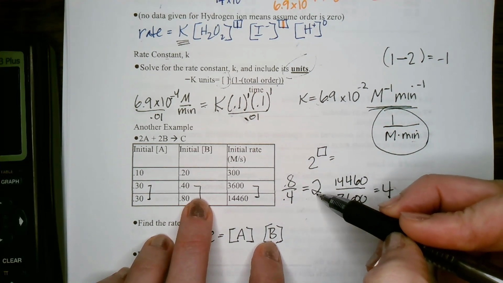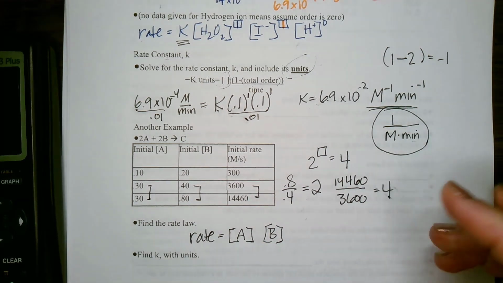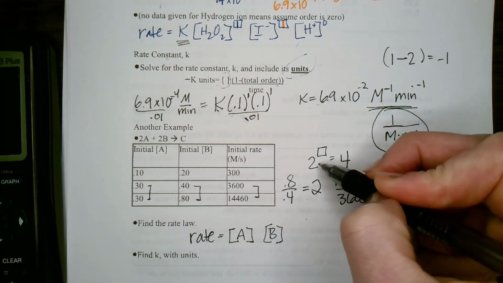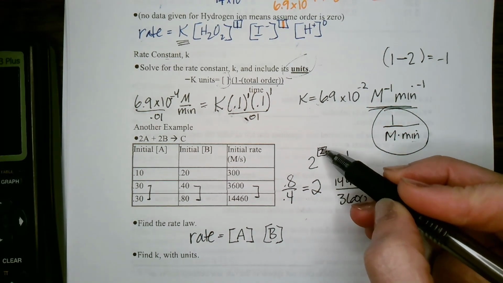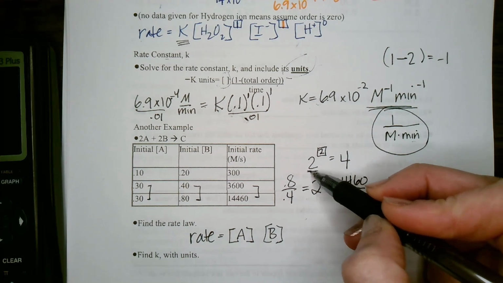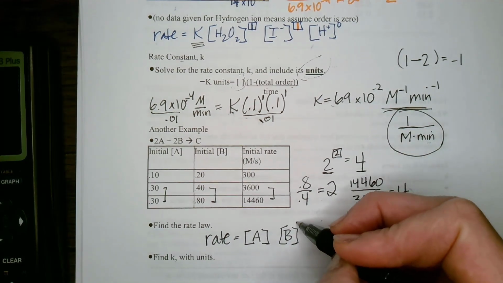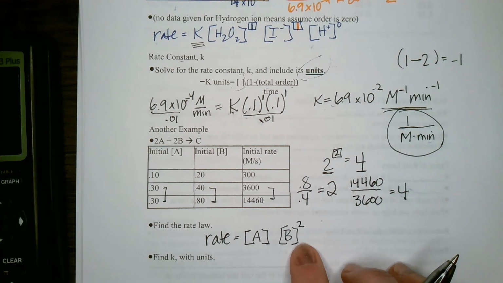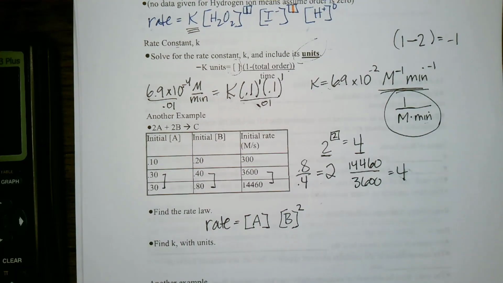So 2 to the what power, when I double my concentration, my rate goes to 4? So 2 to the second power, 2 squared is 4. So when I double my concentration, my rate is quadrupled. So B is second order.